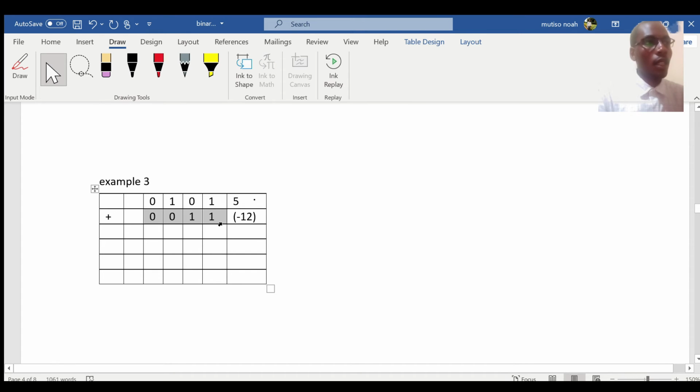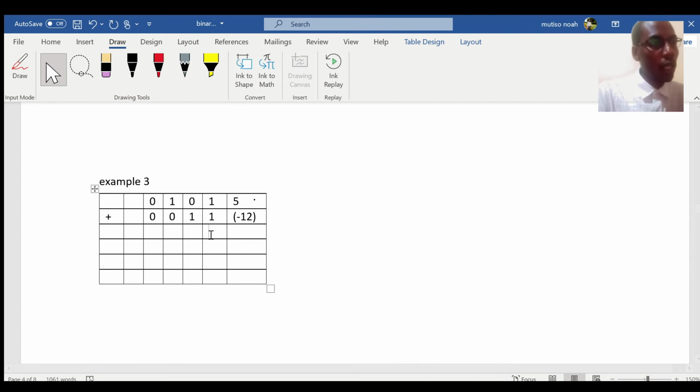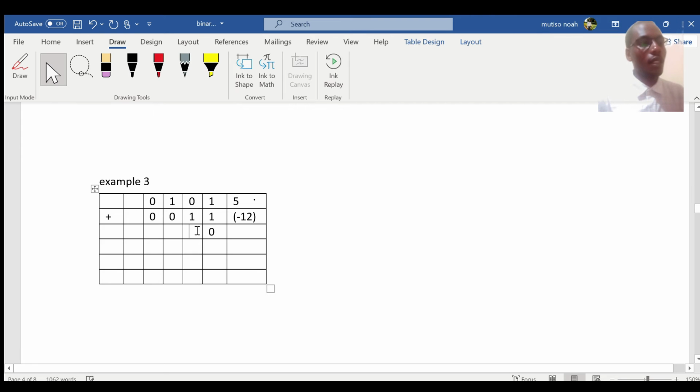Let us go ahead and add 1 plus 1. This should give you a 0 and carry 1. 1 plus 0 plus 1, that is like 1 plus 1, which is 0. We carry out another 1. 1 plus 1 plus 0, it is like 1 plus 1, which is 0.